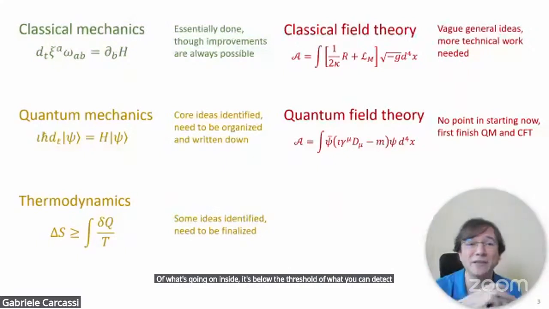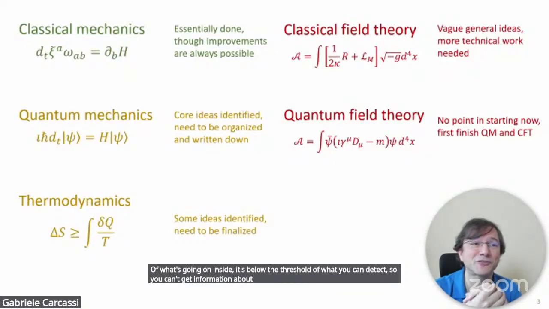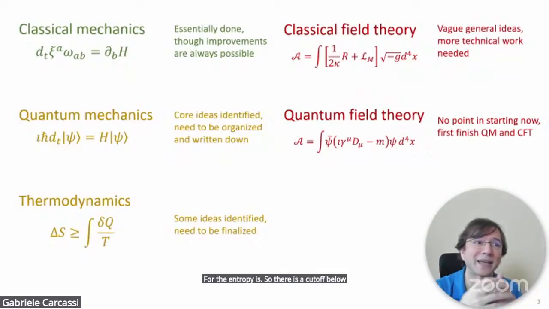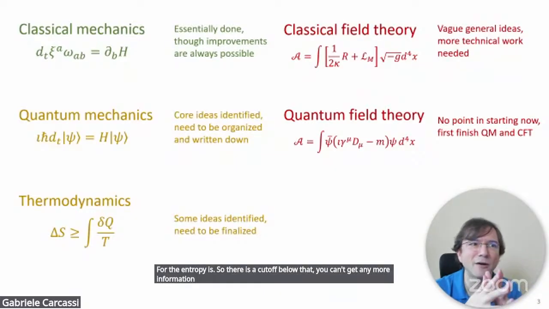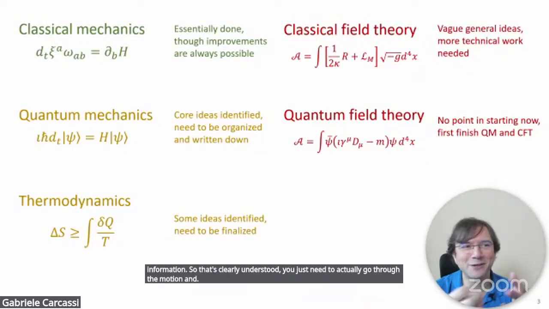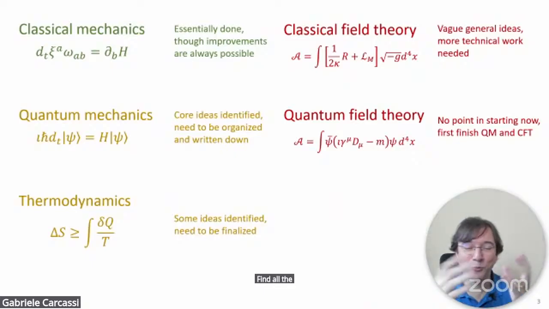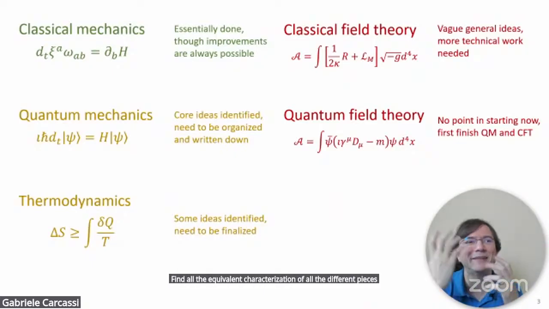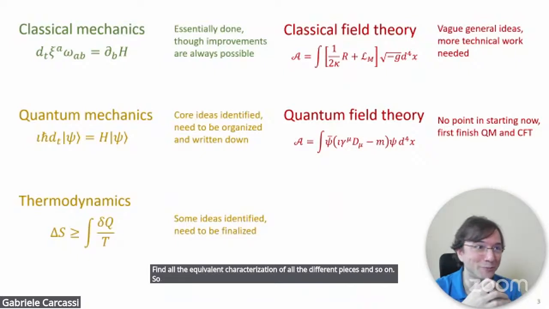So you can't get information about the internal structure, and that's where the cutoff for the entropy is. Below that, you can't get any more information. That's clearly understood. You just need to go through the motions and find all the equivalent characterizations of all the different pieces and so on. That needs to be done.